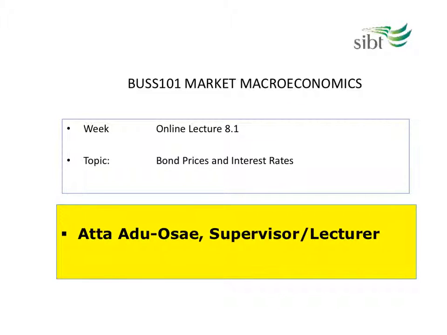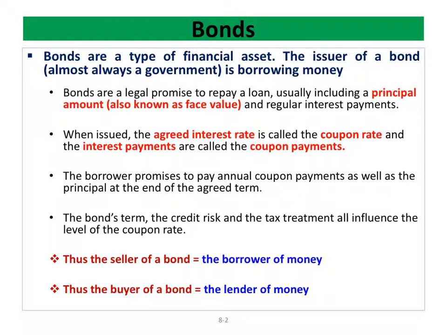Part 1 is on bond prices and interest rates. A bond is a financial asset or a security issued by a firm or government who wants to borrow money. The principal or the face value is written on the bond, and the buyer of the bond, who is the lender, would normally pay a price below the face value.